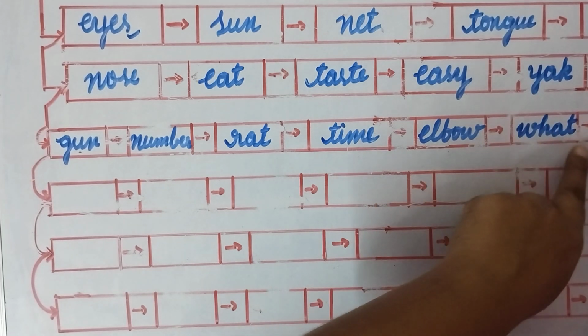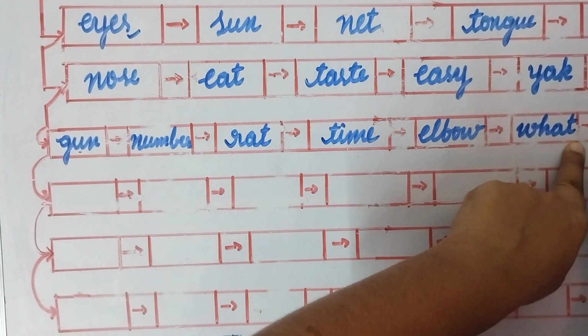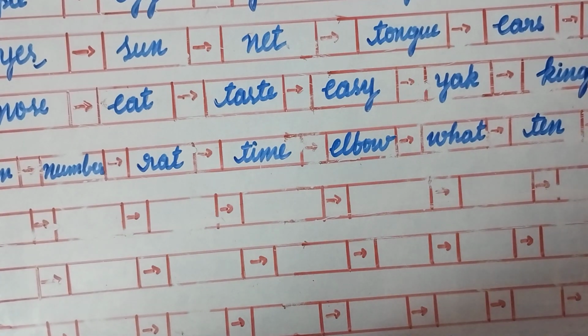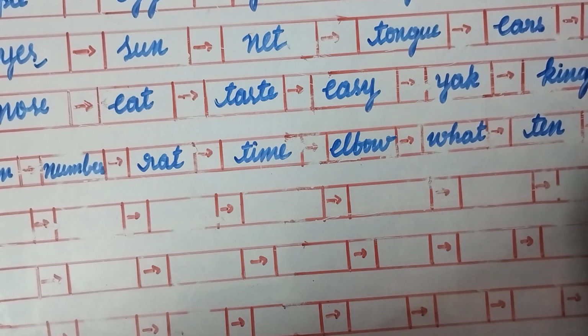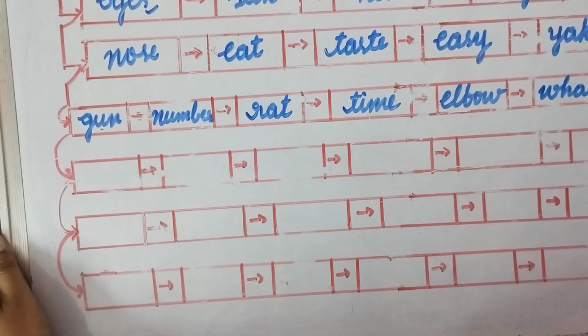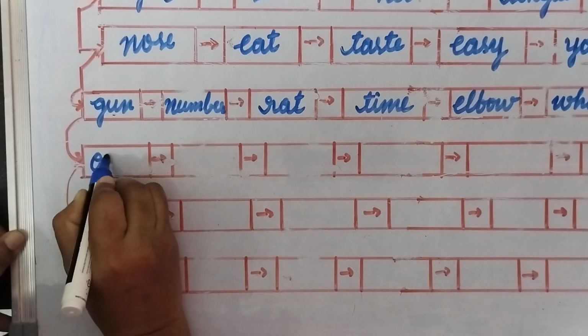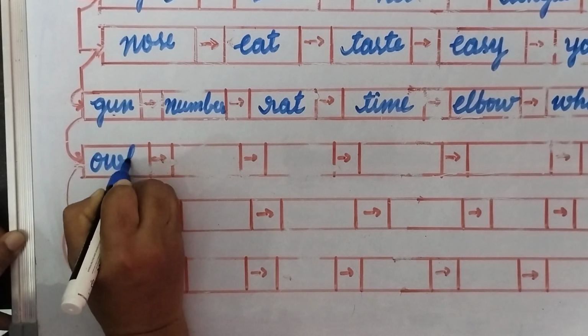Again T. T for ten, T-E-N, ten. Next, N for no, N-O, no. The last letter is O. O for owl, O-W-L, owl.